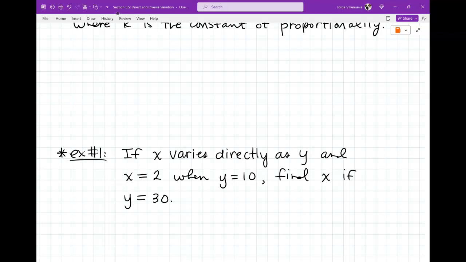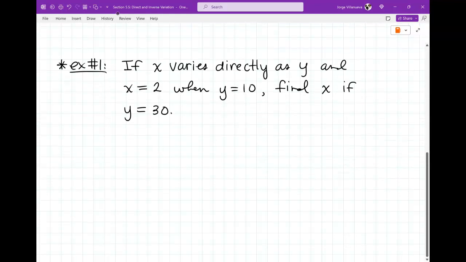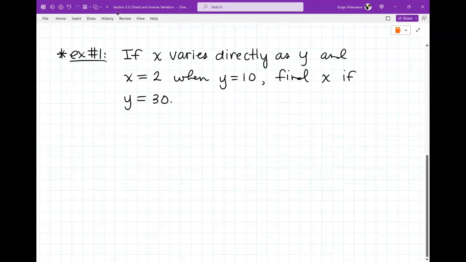So if x varies directly as y, okay, and x equals 2 when y equals 10, then find x if y equals 30.